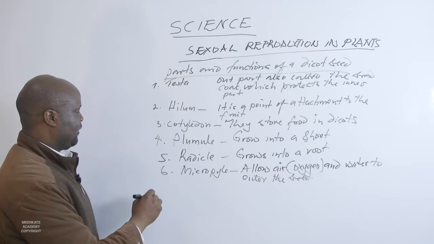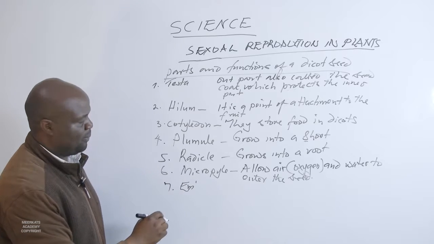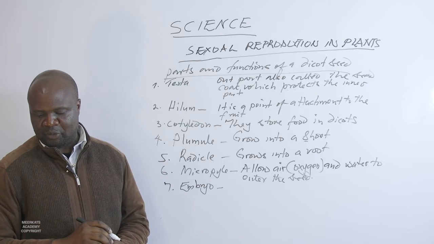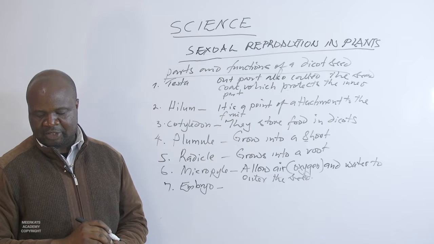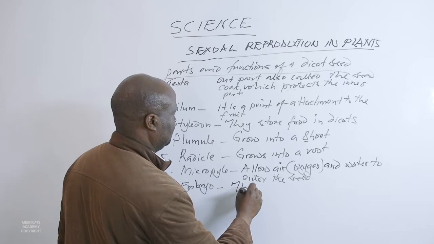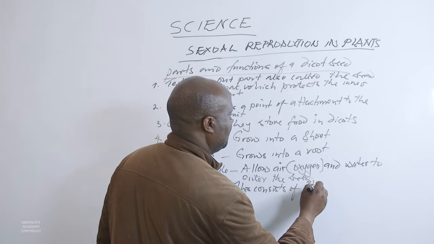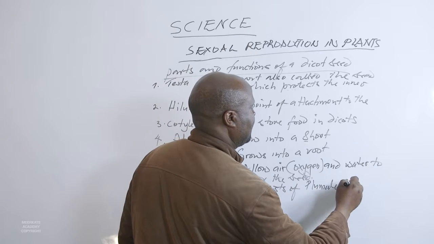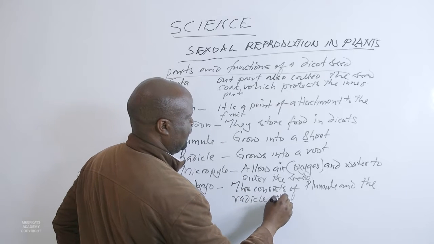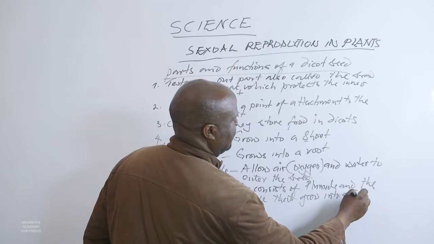Then we have the seventh part, which we call the embryo. The embryo consists of the plumule and the radicle, which together grow into a new plant.